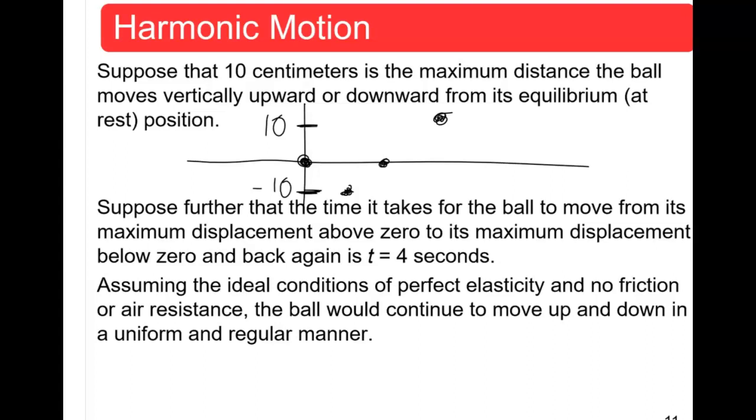Now here, the independent variable is going to be time. And the time that it took for the spring to go from 0 to its maximum displacement below 0 and then back again was 4 seconds. So we're going to assume that this is a 4.